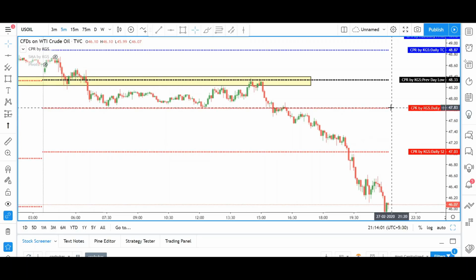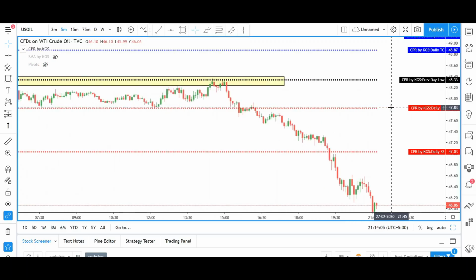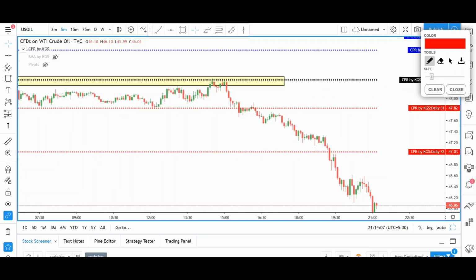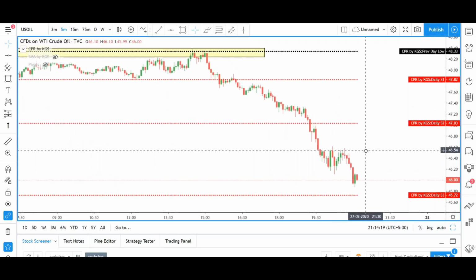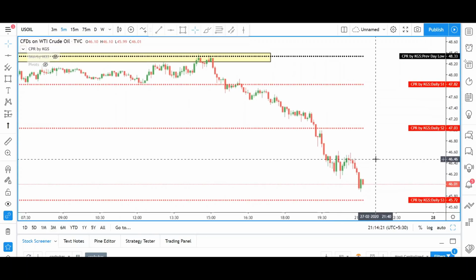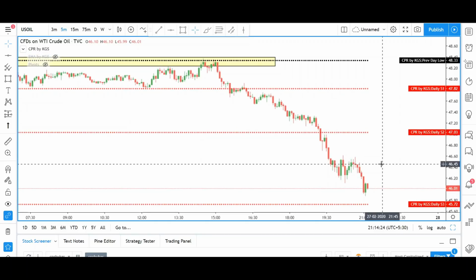This is through repeated practice. Now see the downtrend Dow theory. Crude oil is going down, up, down, up, down, up, down, up, and again down. So crude oil is following a downtrend Dow theory.